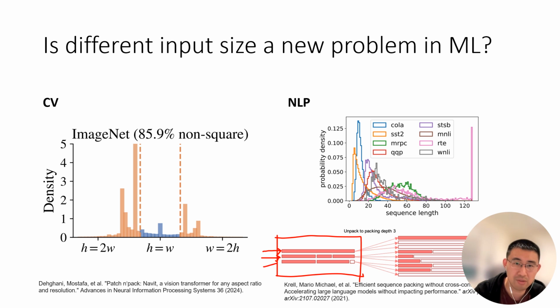We don't have enough space to pack the 3rd short sentence, so we'll just have a few padding tokens at the end. They're still padding, but at least not that expensive. And they have ways to handle self-attention to make sure that within one sentence it only attends to its siblings in the same sentence rather than cross-attending into other sentences. So there are ways to do that.